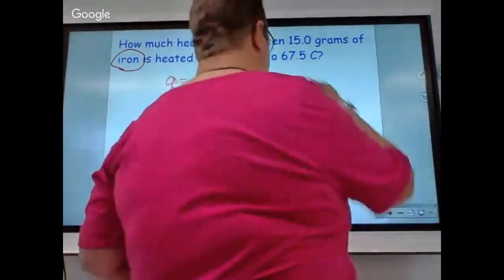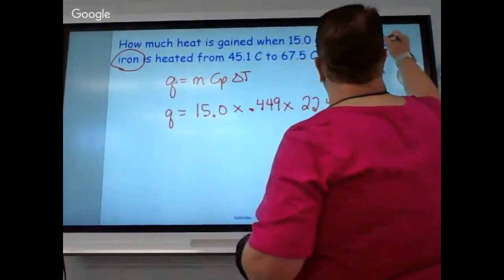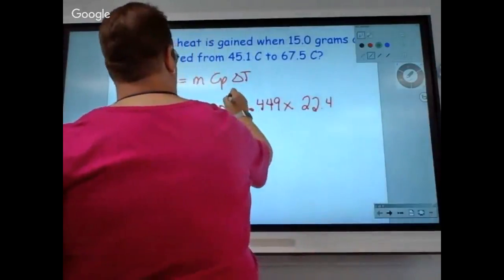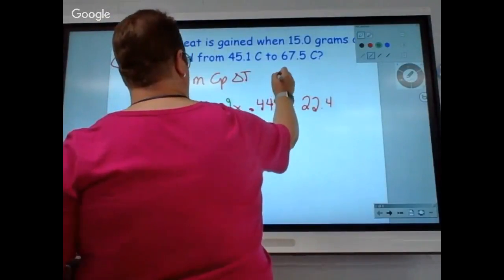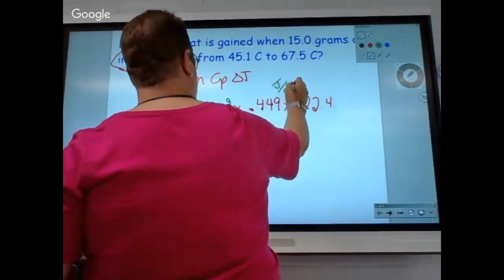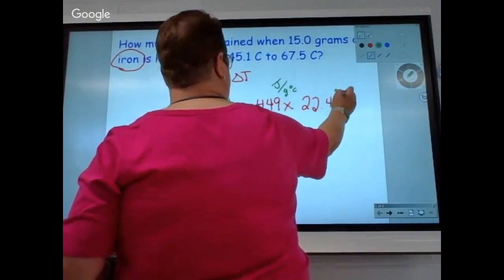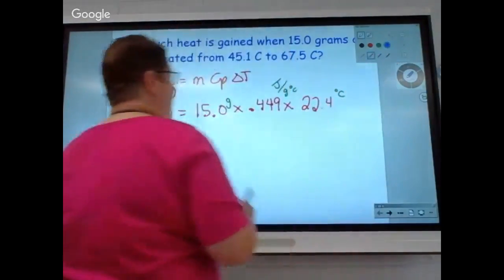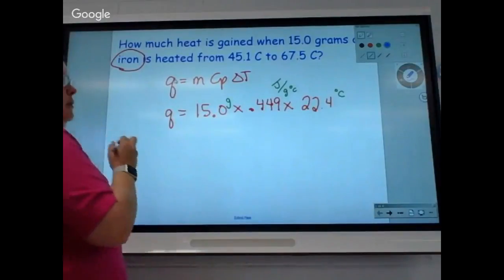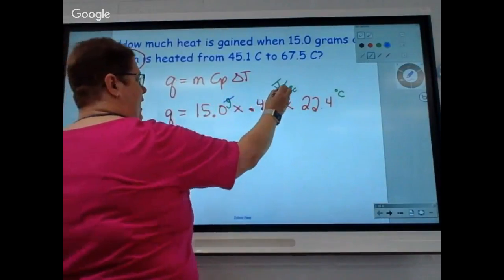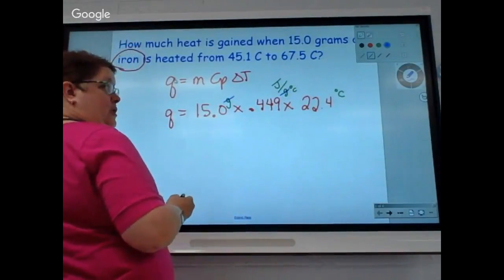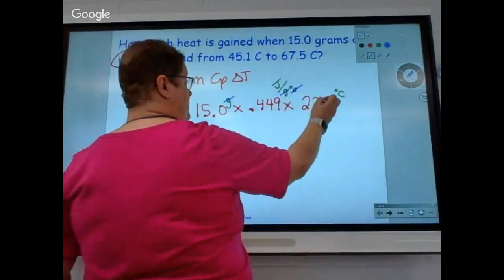Now, because your units are grams here, joules over gram degrees Celsius there, and degrees Celsius there, what is going to happen to our grams? They're going to cancel out. And what's going to happen to our degrees Celsius? They're going to cancel out.